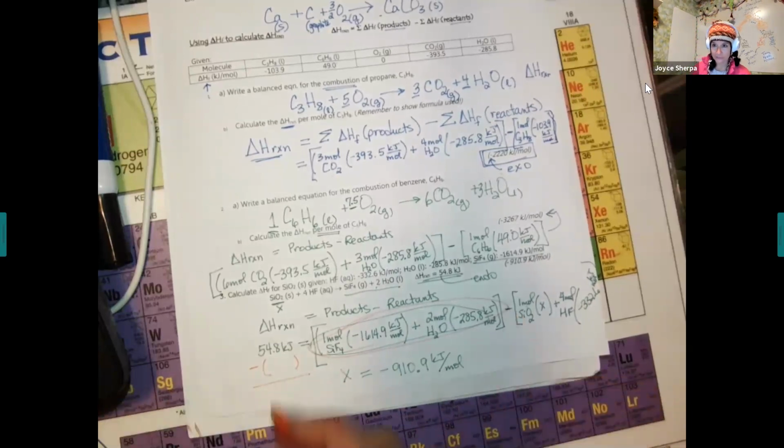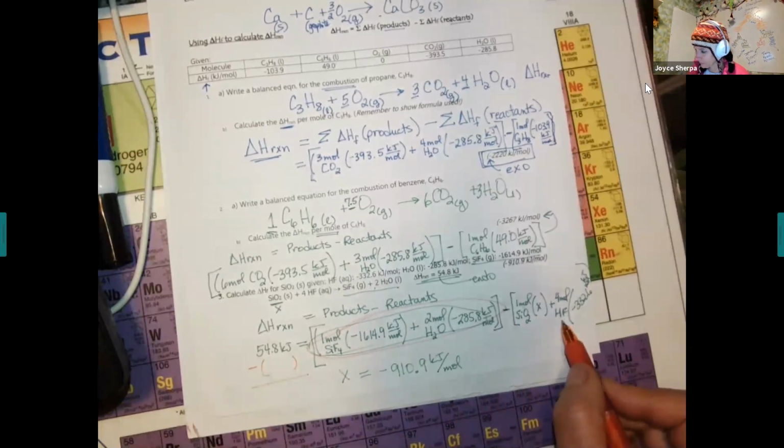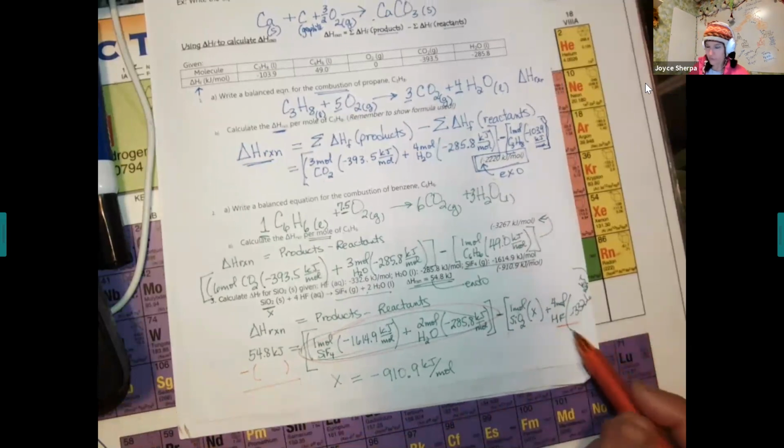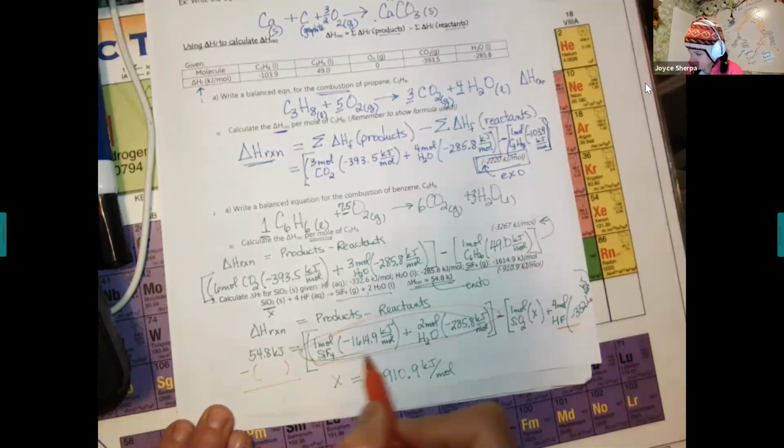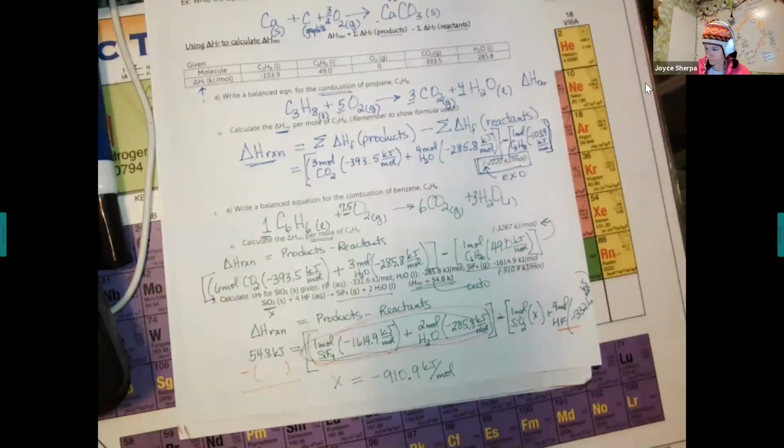Just cancel the negative, change the sign of the other side. And then you're going to have to subtract this number. Does that make sense? Yeah, so we subtracted the number that comes out of the 54.8 from the number that comes out of these two. This whole thing, all of that we subtracted from the very last one on the right. Okay, cool. Well, exactly opposite of how you said it, but okay.